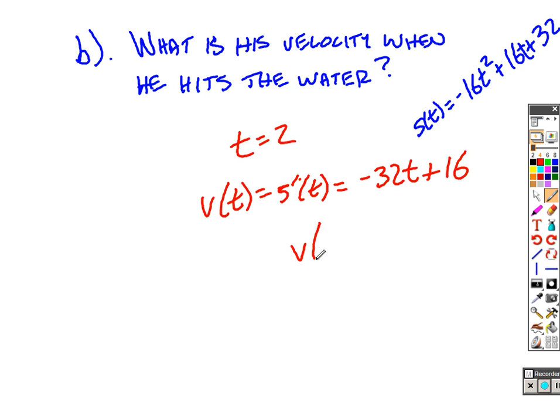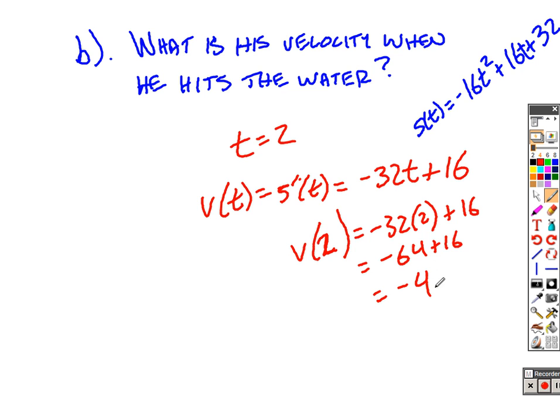So if I want to find his velocity at that time, I want to look at what v of 2 is. I'm just going to plug in negative 32 times 2 plus 16. So negative 64 plus 16. So it should be a negative 48. And again, this is velocity now, so we should want feet per second in this case. And that's how you do problems dealing with acceleration and velocity and displacement here in calculus.